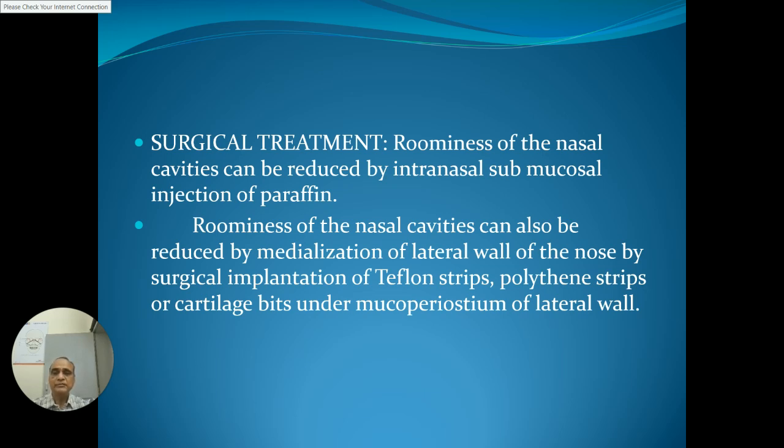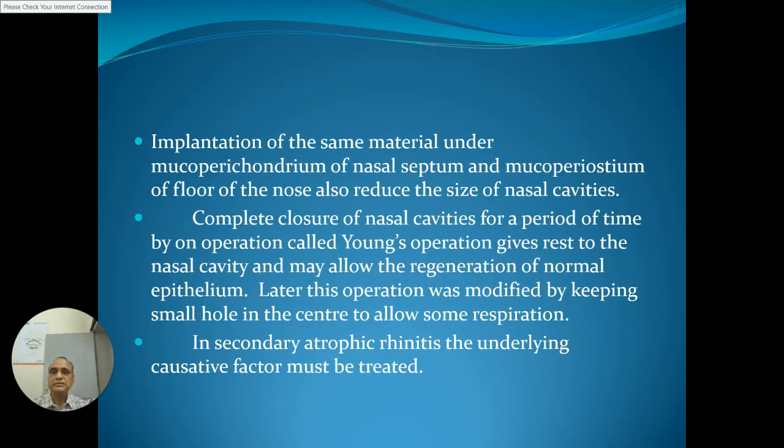Any amount of these attempts is not found to be satisfactory. This is nothing but a narrowing procedure of the nasal cavity. Other measures are implantation of the same material under the mucoperichondrium of the nasal septum and the mucoperiosteum of the floor of the nose, which also reduce the size of the nasal cavity.